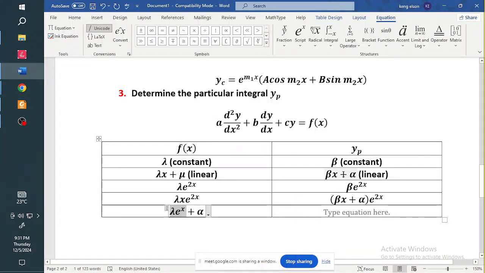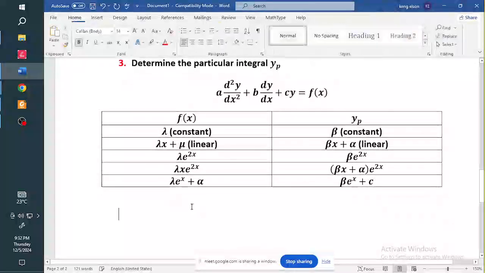This part is beta e to the power x, and then the constant term is also in terms of a constant. You can call it maybe c. So don't be scared. You just have to know the exact form of the right hand side. Then you let your yp be that form.